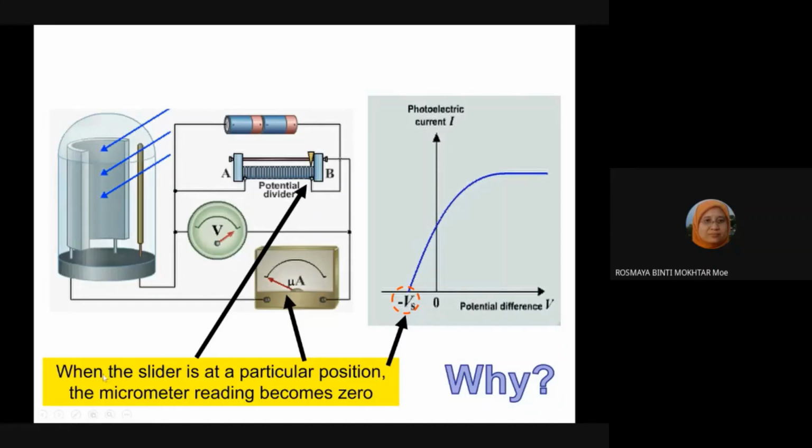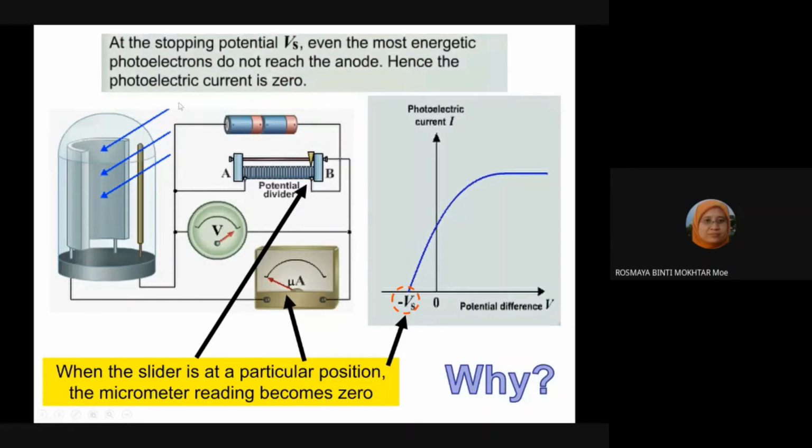This happens when the slider is at a particular position. We call the voltage at this position Vs, the stopping potential. At the stopping potential, even the most energetic photoelectrons do not reach the anode, so the photoelectric current is zero.